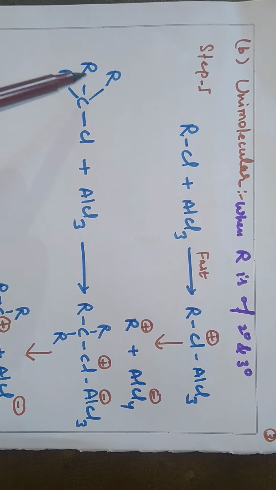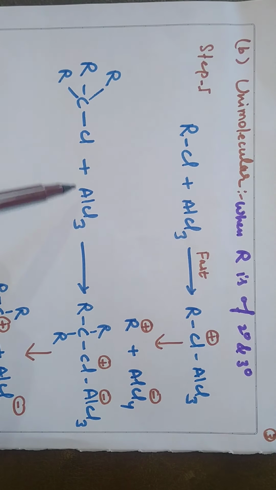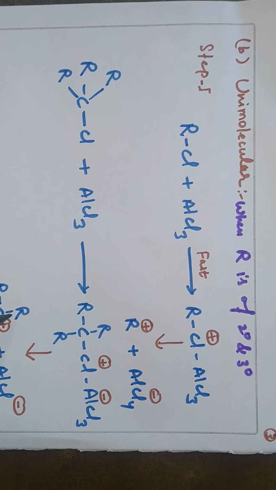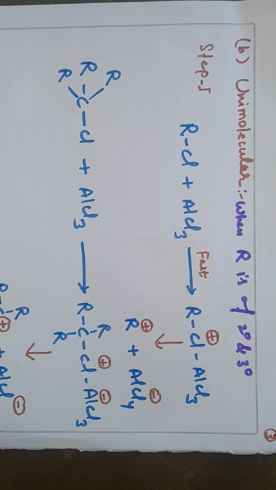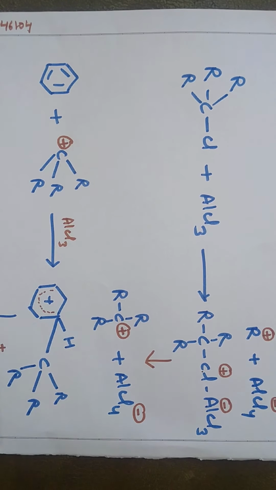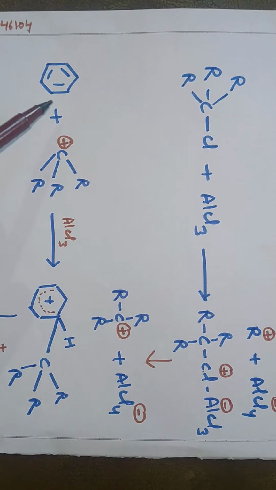This one is the tertiary carbon, and it reacts with AlCl3 to form the complex, which splits to form a tertiary carbocation and AlCl4 minus. So this Cl and AlCl3 form AlCl4 minus. Now after that what happened here, this carbocation attacked the benzene ring.